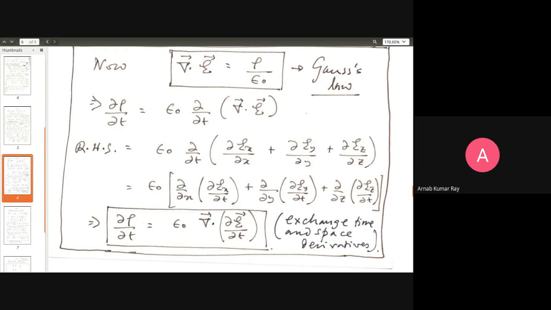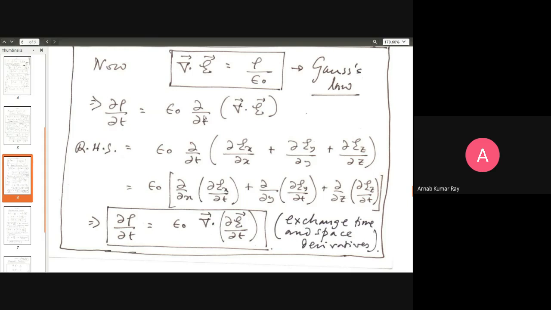Okay, and then we write it, or summarize it again in the form of vector differential operators. This is what we have done. Del del t of Ex, del del t of Ey, del del t of Ez. All of these things, and del del x, del del y, and del del z, we can exchange time and space derivatives.